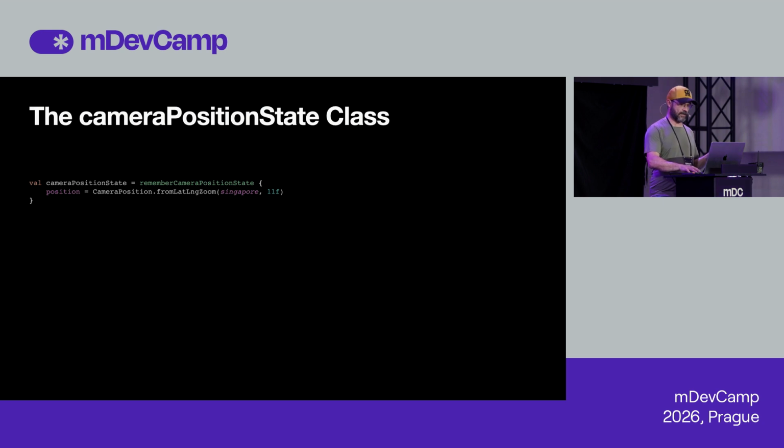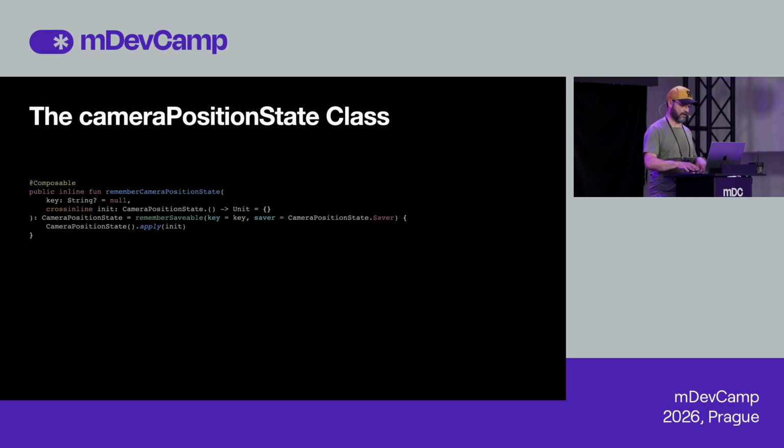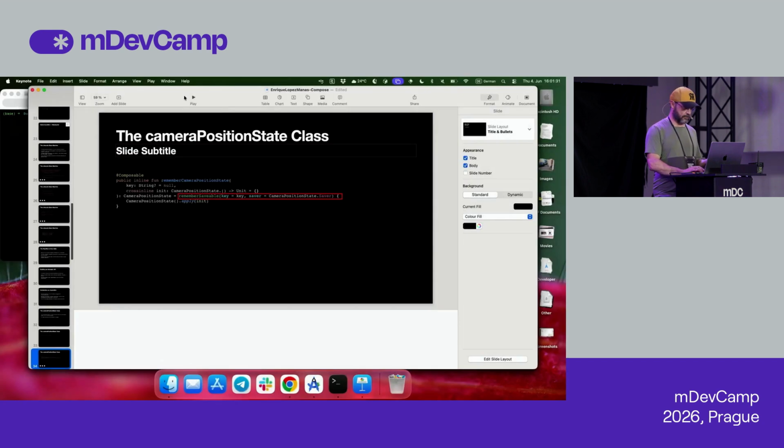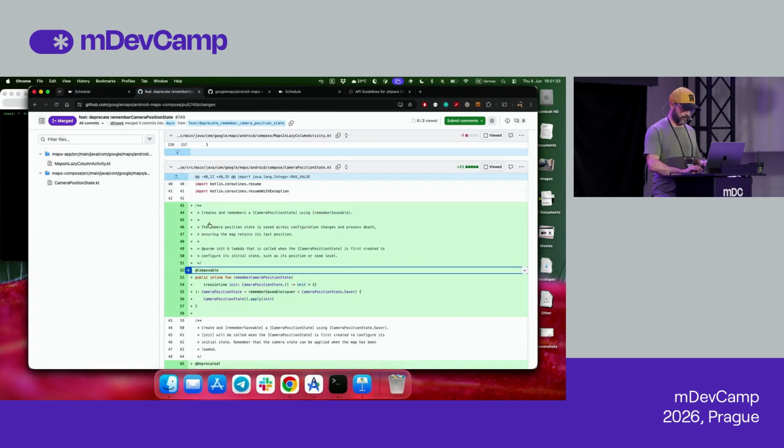If you have been using Compose, you know we have remember and many different remember functions. The rememberCameraPositionState itself is not very magic. What we have is a key and then a CameraPositionState here. And by using rememberSaveable, we just call this apply camera position state. The rememberSaveable receives a key and a saver, but this was recently deprecated.